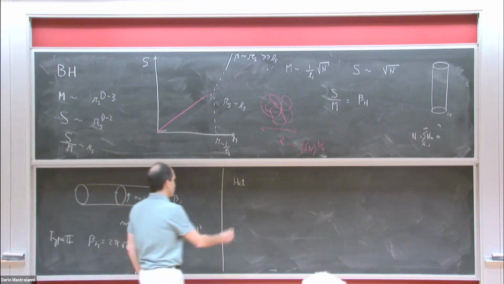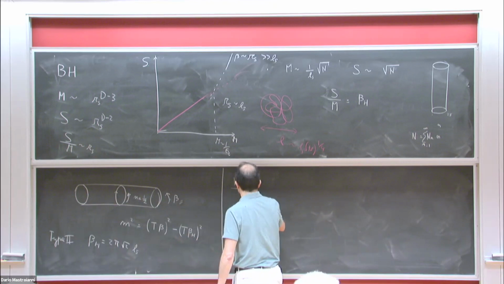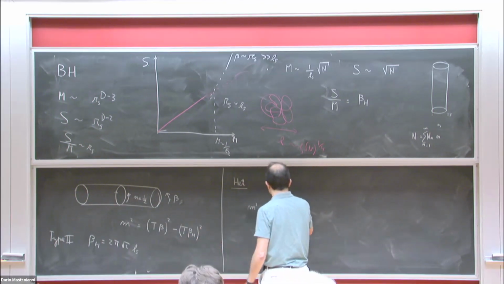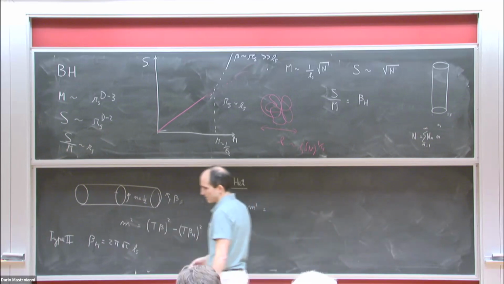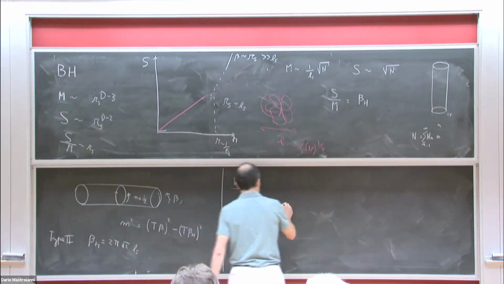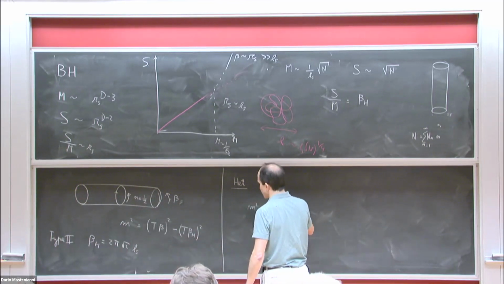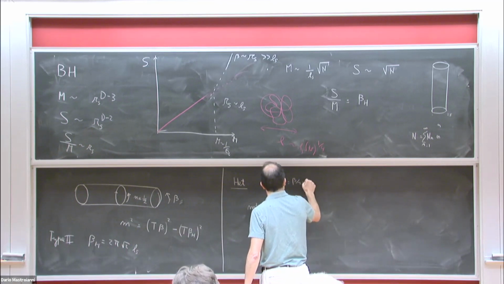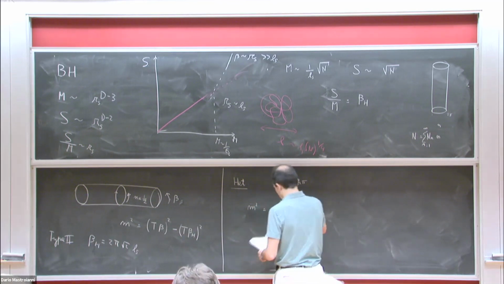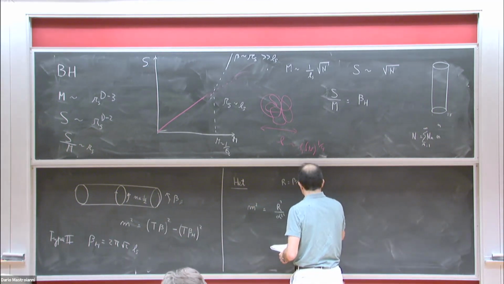And so in the heterotic case, the formula for the mass squared has a term proportional to this, but instead of beta, let me define R, which is beta over 2 pi, to eliminate some factors of 2 pi. Then it has a term proportional to this, and then there is a term that goes like 1 over 4R squared.